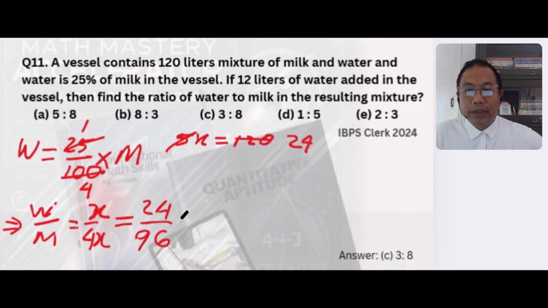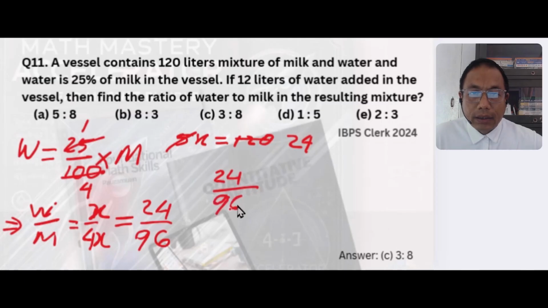Water is 24 liters and milk is 96 liters in the mixture of milk and water. Now find the ratio of water to milk. Water is 24 by 96.